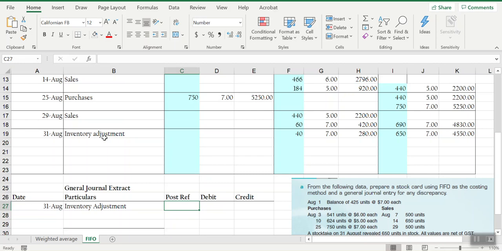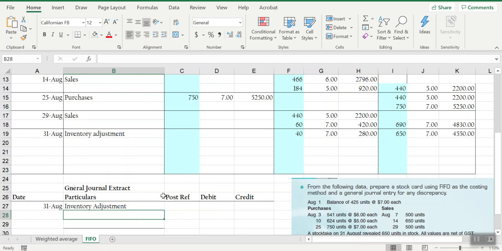So if we debit the account, it's going to be an expense, or it can be a revenue account if we found we've got too much in there. So this can alternate between expense and revenue. It's a magic account. So this will be an inventory adjustment. We're going to debit this account. It'll be an expense.